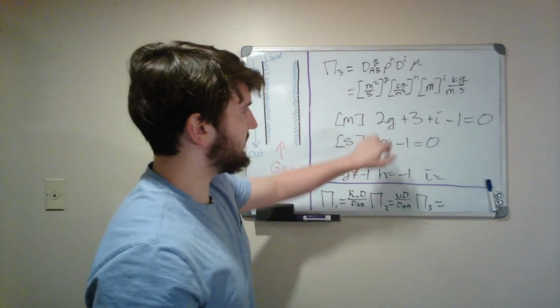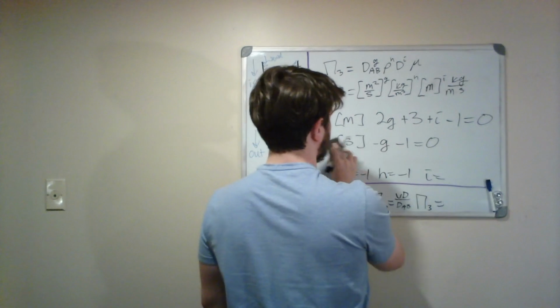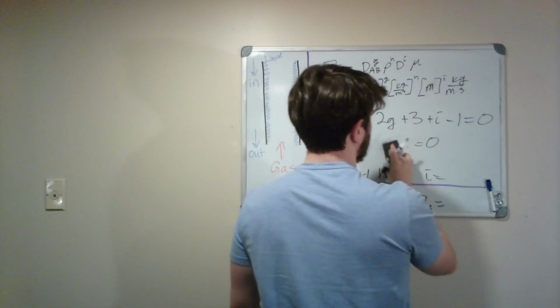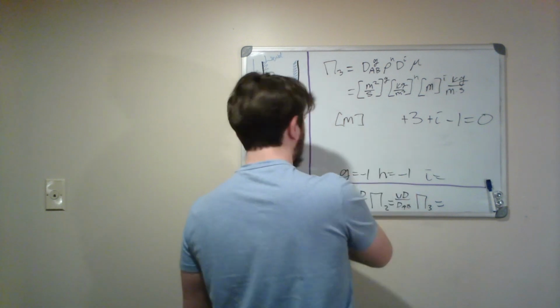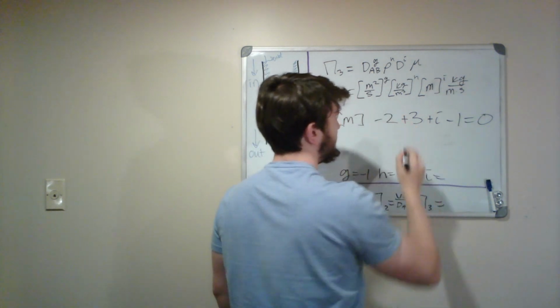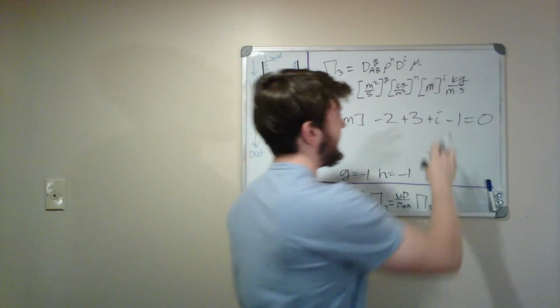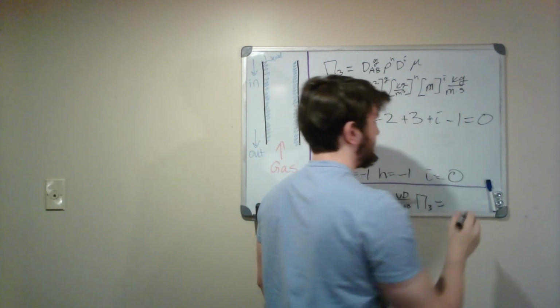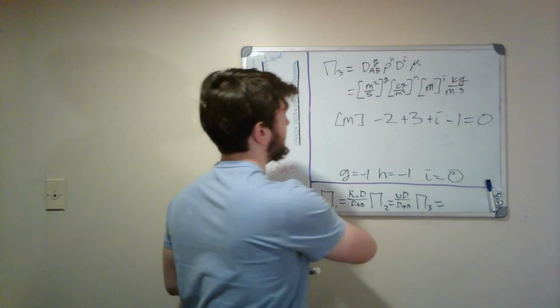And that's great because we can push that right up there. Since g is equal to negative 1, we can change that to negative 2. Negative 2 plus 3 minus 1. We know that I is equal to 0 in that, which is very interesting for us.